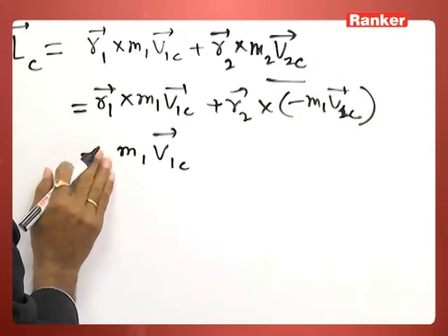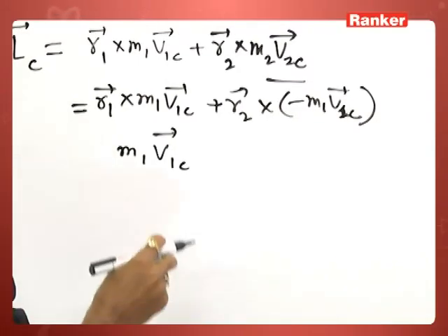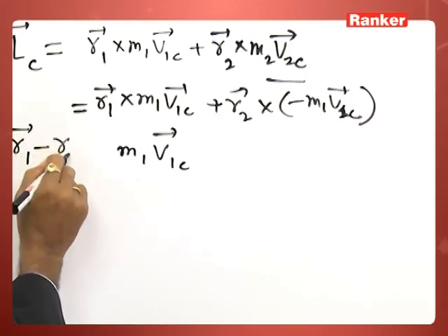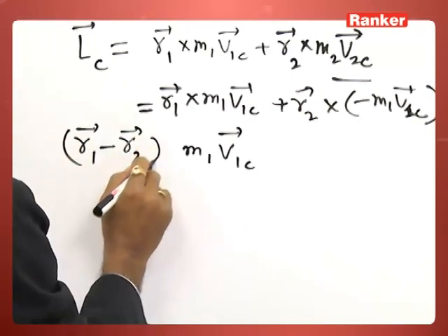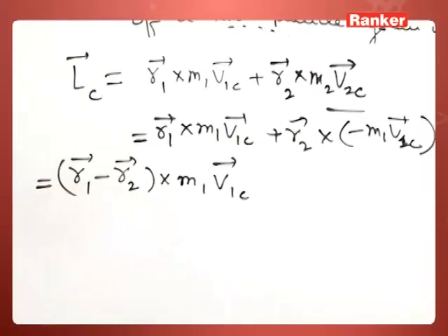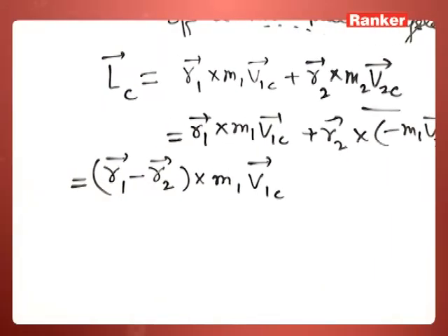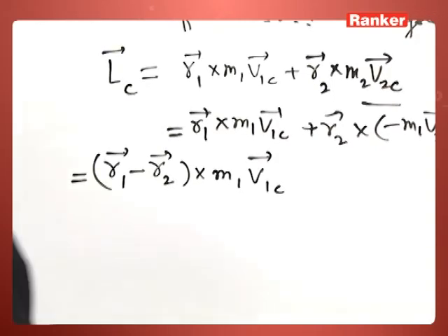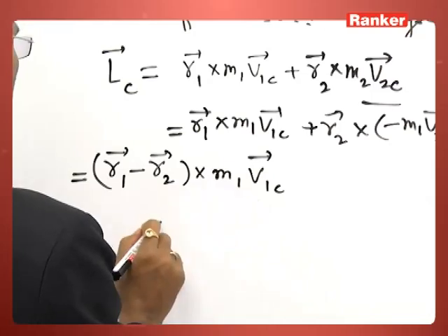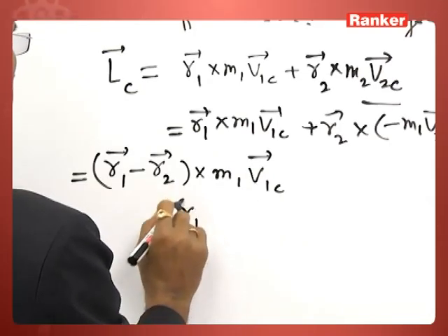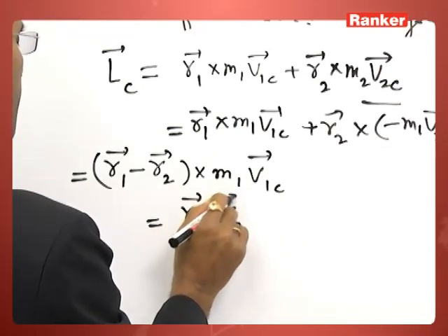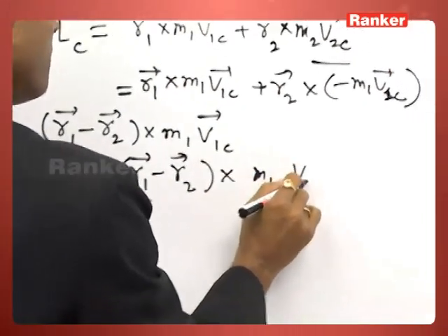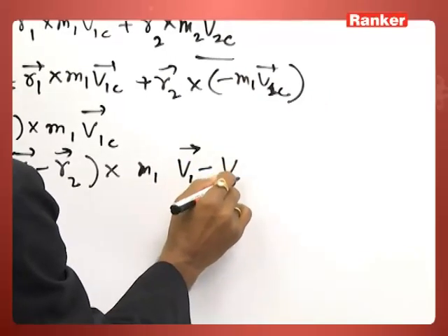When you take common, you are getting r1 minus r2 vector cross m1 v1 vector minus vc vector.